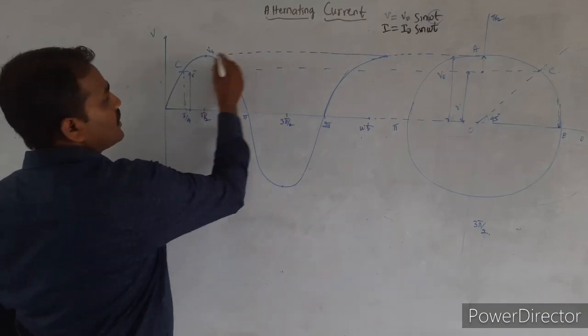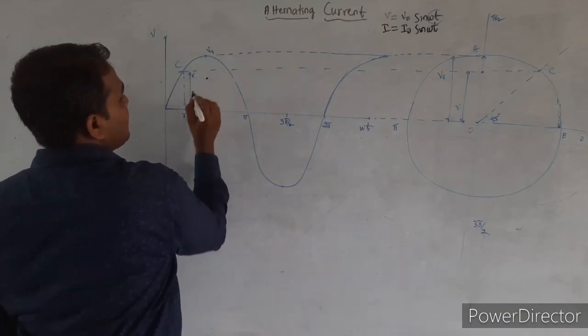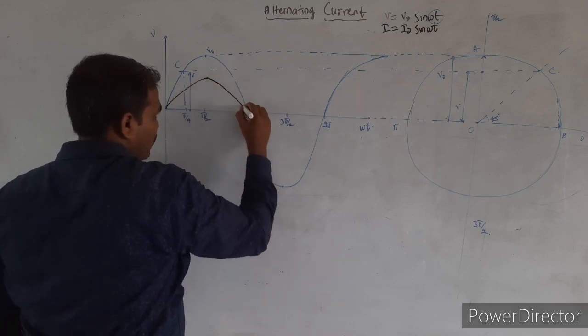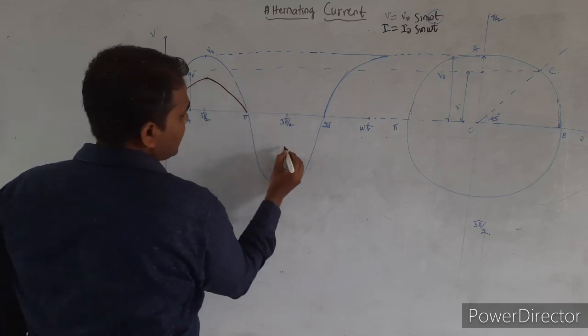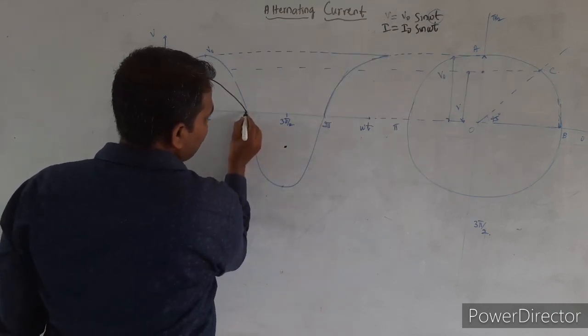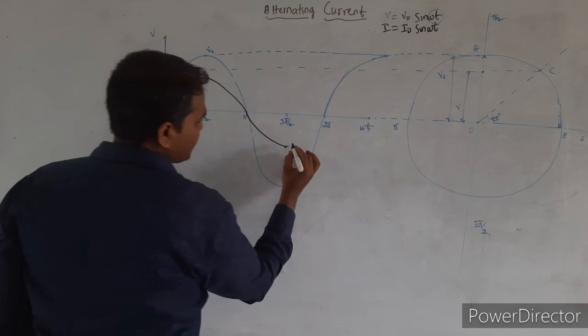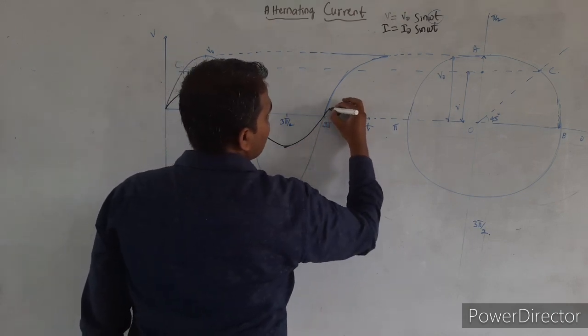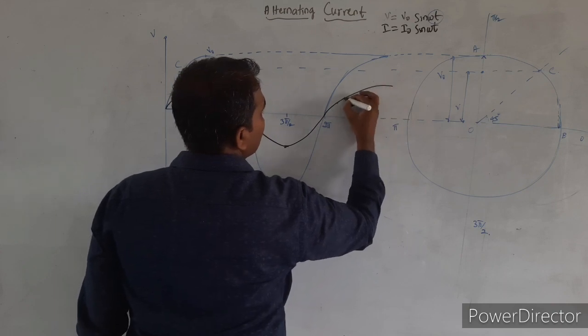So when voltage is maximum, current is maximum. Let us consider this is the value of current. When voltage is minimum, current is also minimum. When voltage is maximum in opposite direction, current will also be maximum in opposite direction. Again at phase angle of 2 pi radians, this will be 0, and this is how the current value varies.